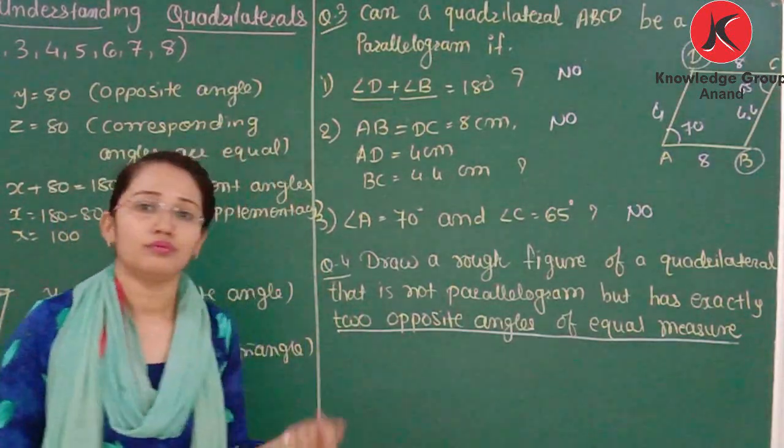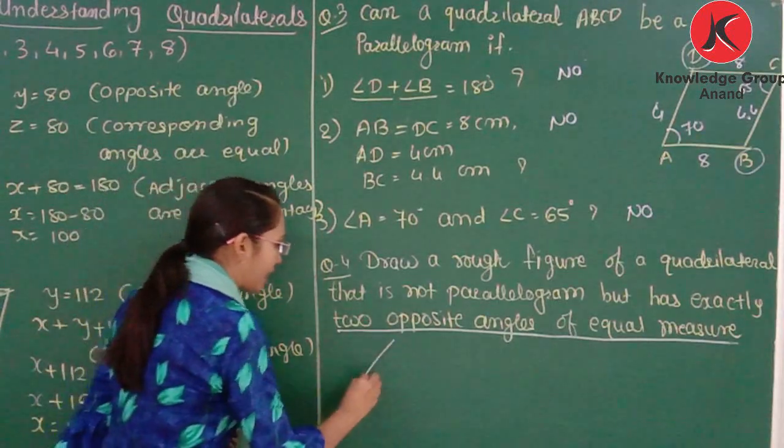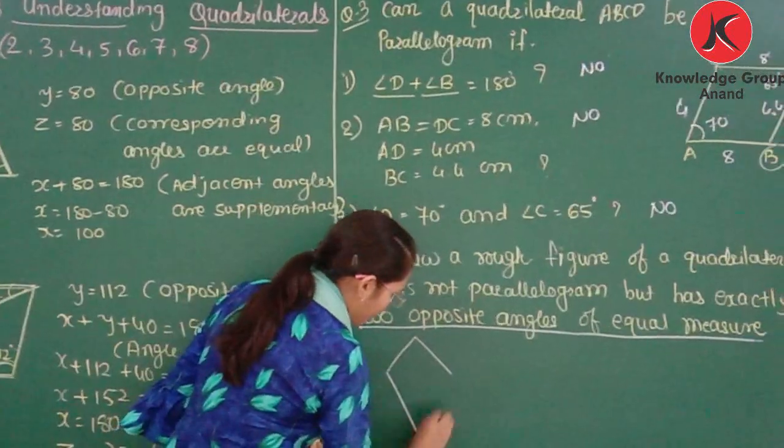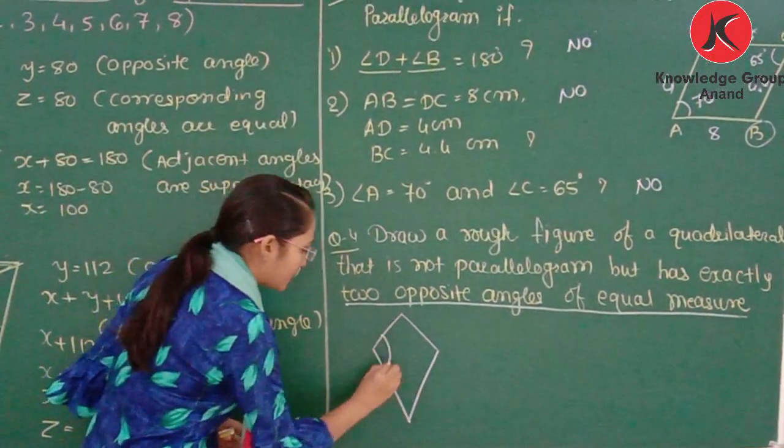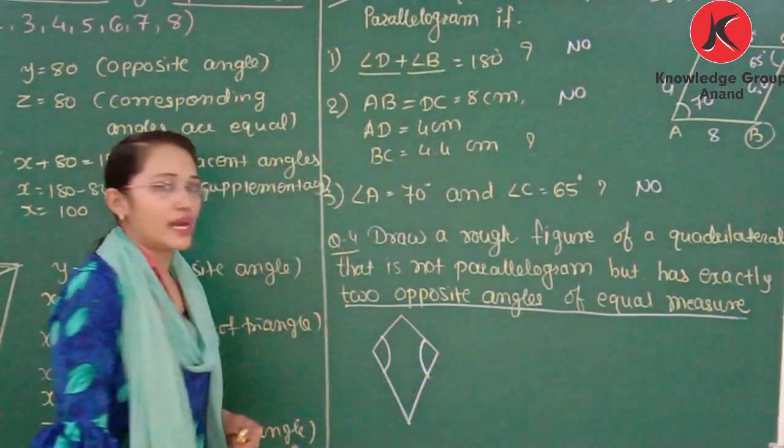So you can try many shapes, but if you draw a kite, in a kite one pair of opposite angles are equal.